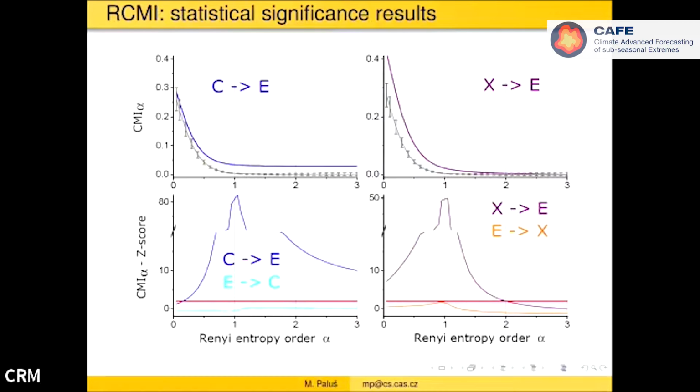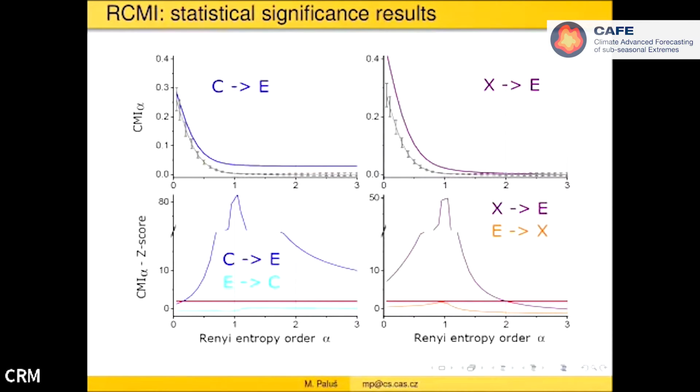Here we can see that there is a large area where this quantity is statistically significant, and now we can use the z-score. This is the difference between the data and the mean of surrogates in the number of standard deviations, where we can use a red line at value 2 as the level of significance.